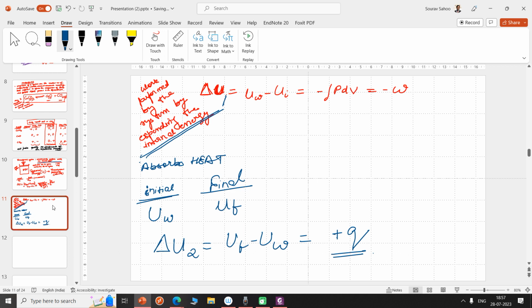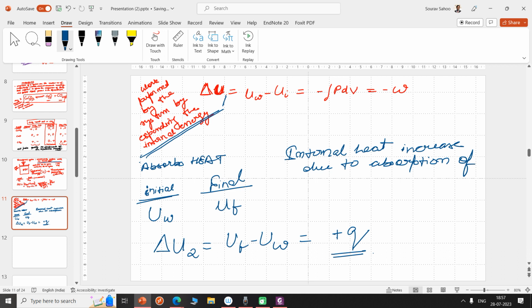This amount of heat that it has gained will appear as the increase in internal energy due to absorption of heat energy.